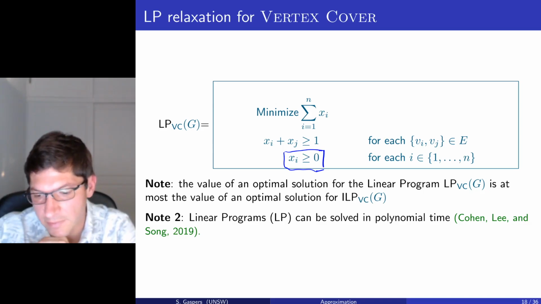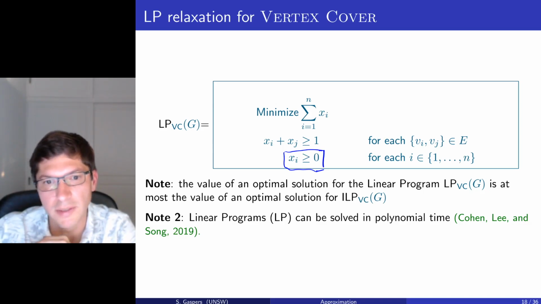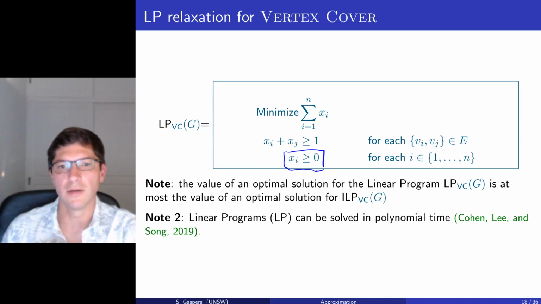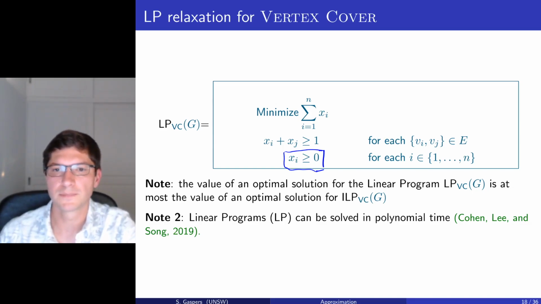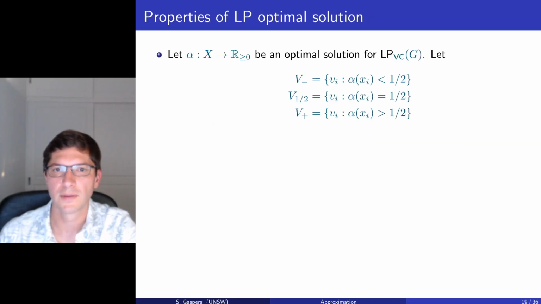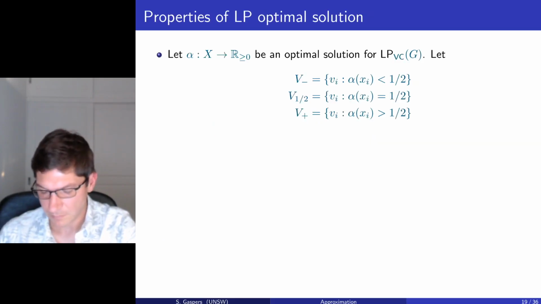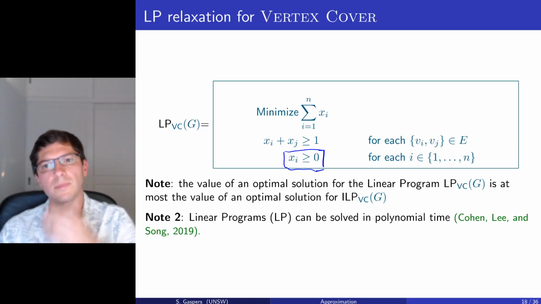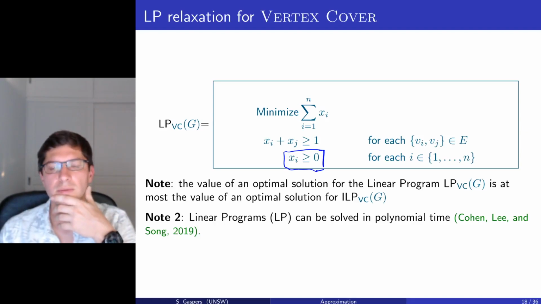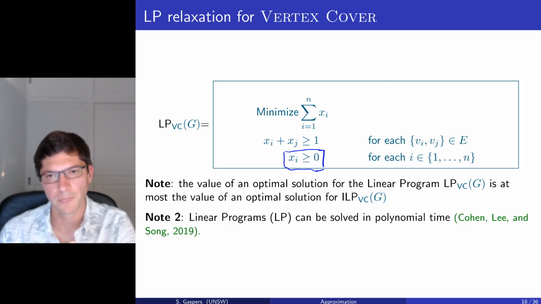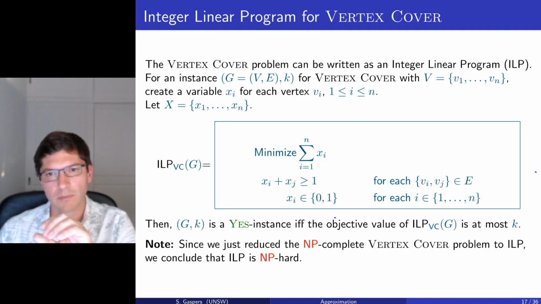So the fastest known algorithm is by Cohen, Lee, and Song from 2019. So now basically this is a polynomial time solvable problem. And this expresses exactly what we want to solve.